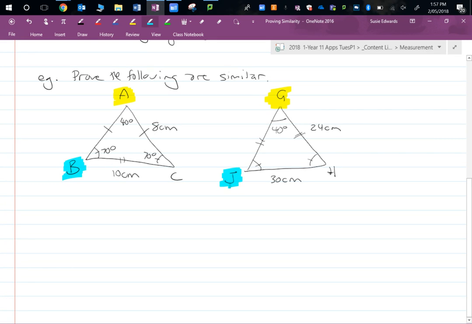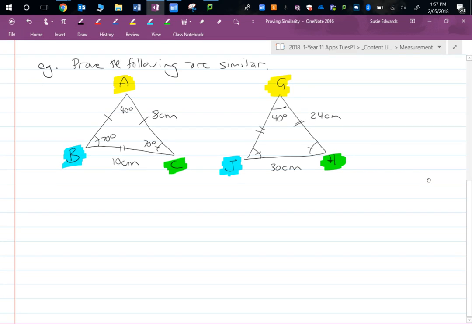J. Because what happens is a lot of people just get caught up in the alphabetical and they go A, B, C, so therefore it's G, H, J, okay? But it's not. They're not corresponding in an alphabetical way. Sometimes one of them might be, but the other one doesn't have to be. If you highlight the corresponding angles, you're just looking for the colours and it makes it a lot easier.